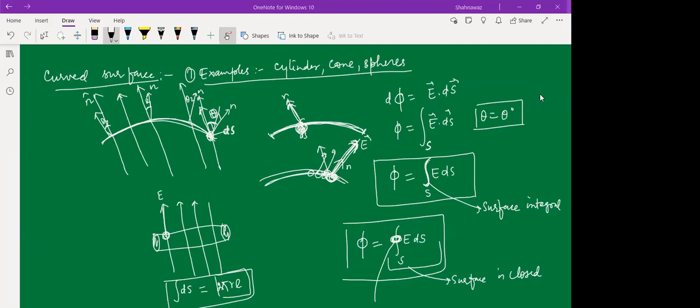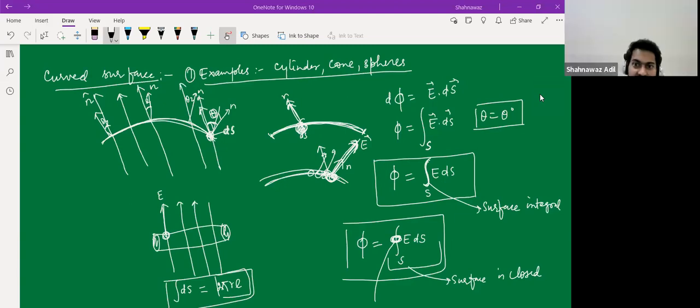Because the angle was changing, and we can't calculate the flux over the entire surface at once. Okay. So we need to take the small area element so that the area direction and the electric field direction become the same, and then we can integrate the whole integral.